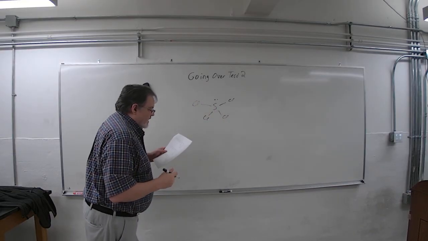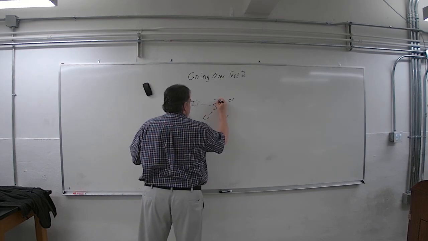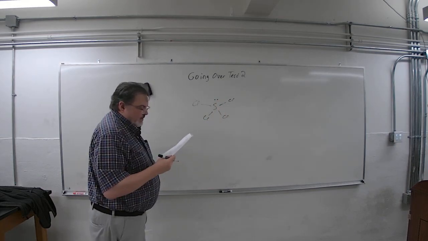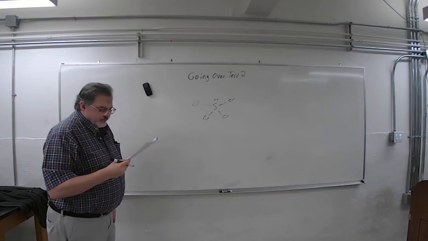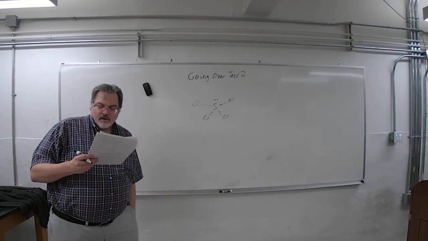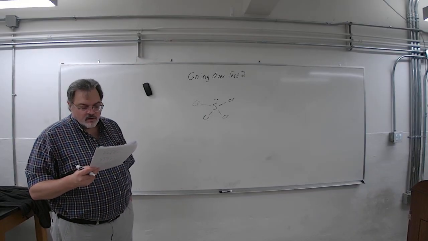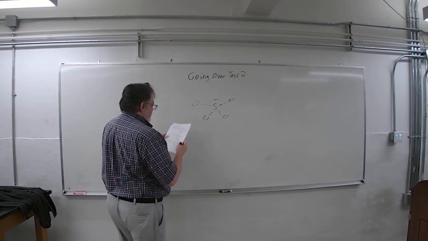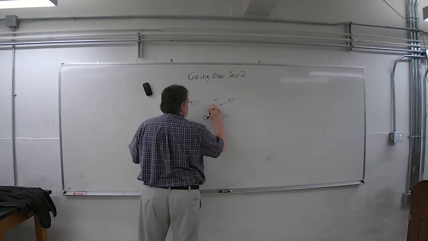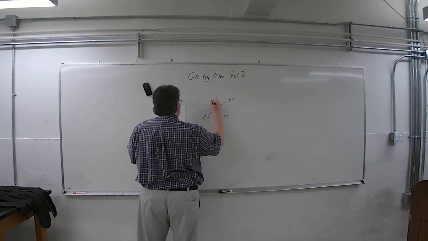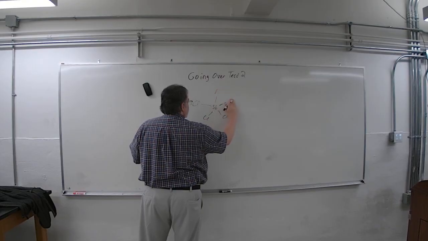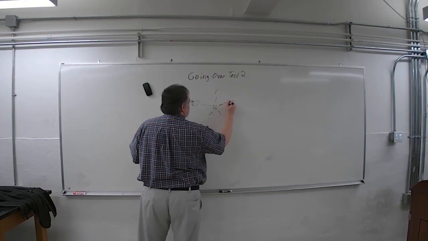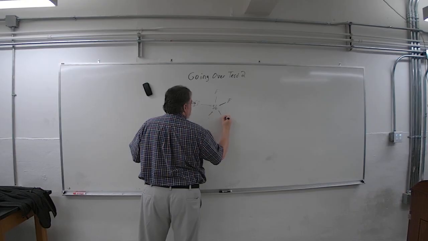5 things around it. One of them is a pair of electrons. And that makes the seesaw shape. And number 11 has 5 things around it, but all of them are atoms.